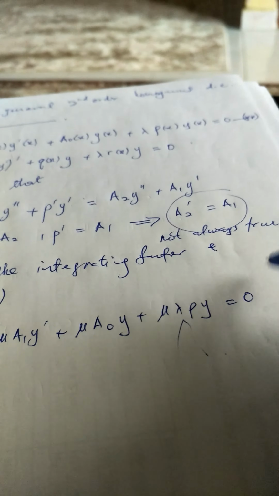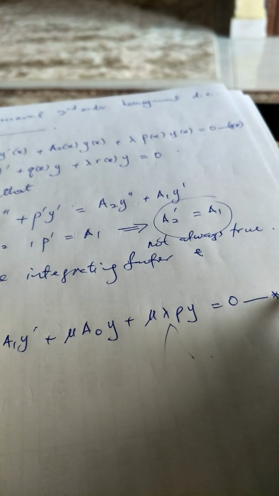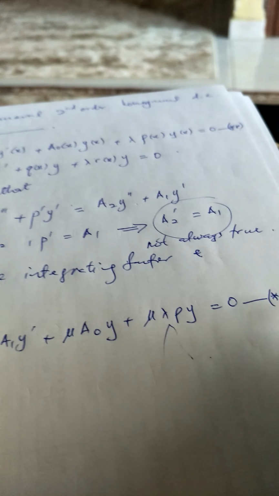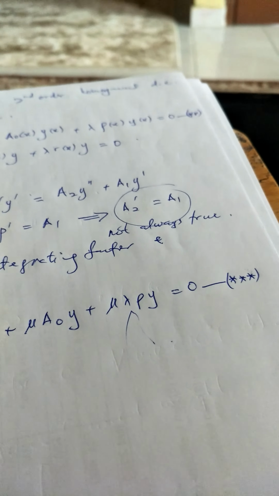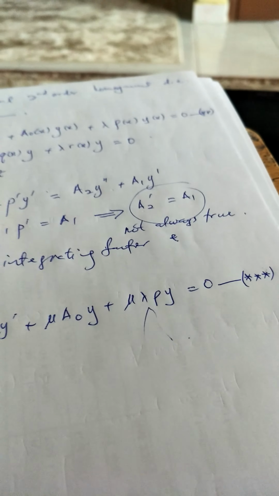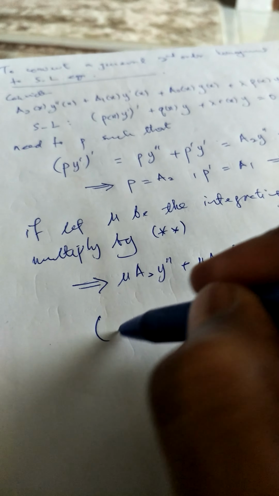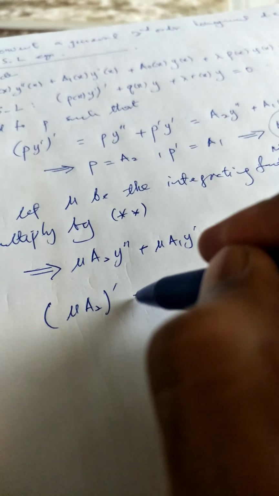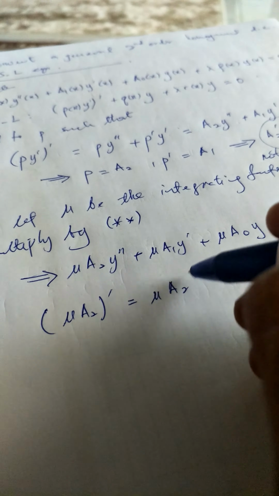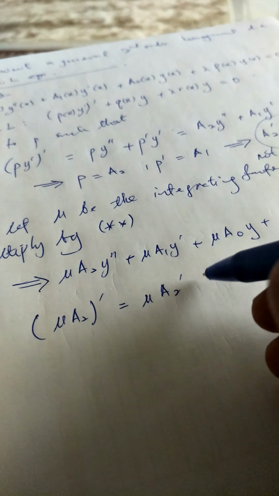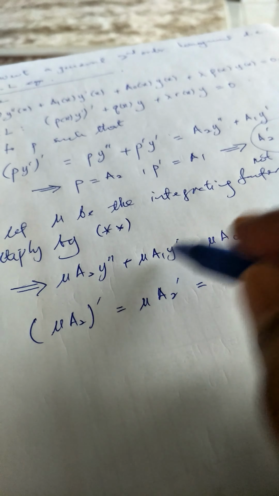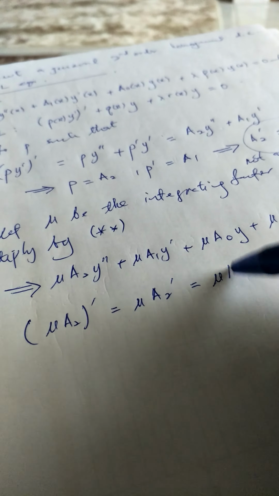Okay, I call this a triple star. That's so difficult, so many stars here. Now what we need is that nu A2 prime must equal nu A1.